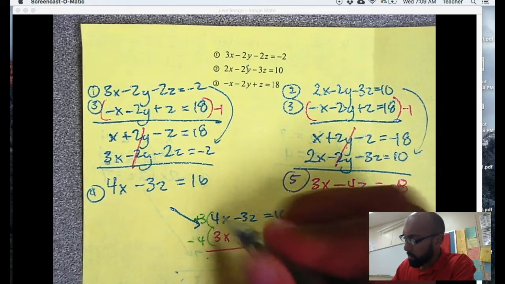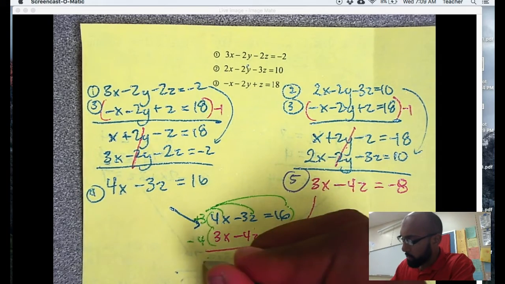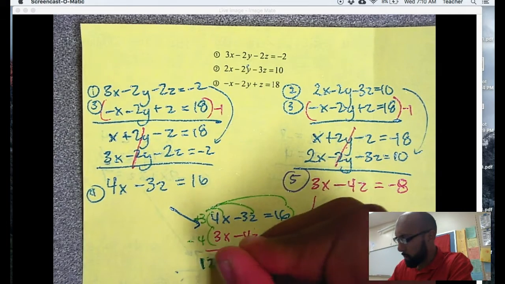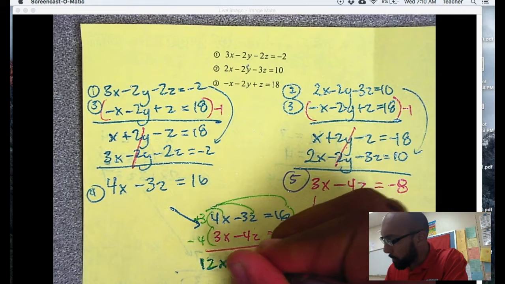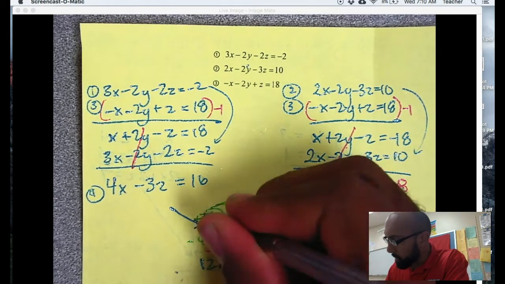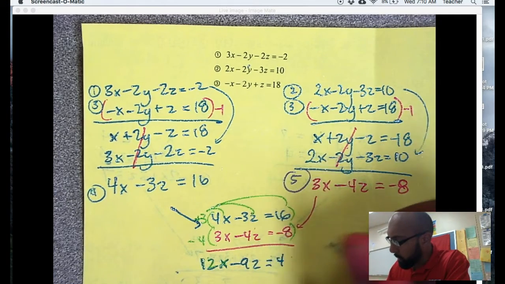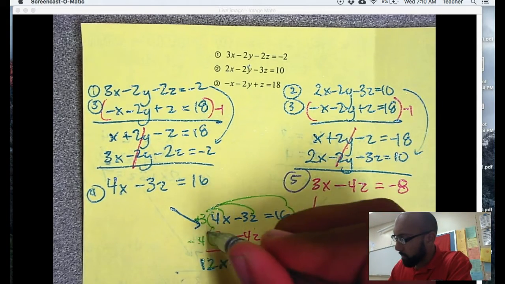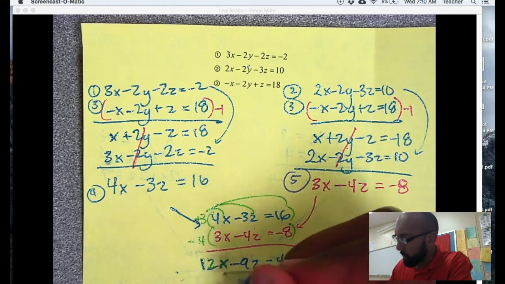Okay, so 3 times, distribute that all the way across, 12x, and actually let's just go ahead and use the same color there, 12x, and then minus 9z, 3 times 16 is going to be 48. Okay, then -4, distribute that across the second equation.